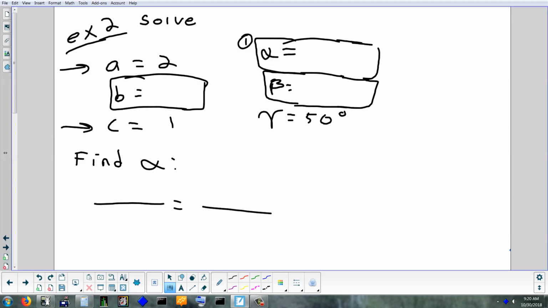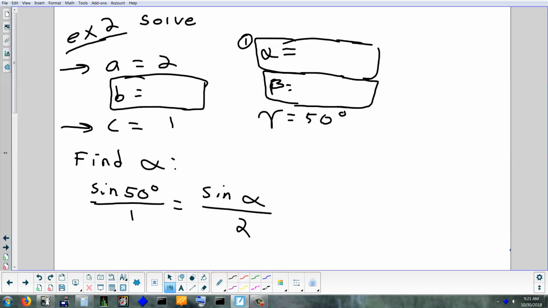Sine 50 over 1, and sine A. A is going to go in the bottom. Oh, yeah, sine of alpha over A. So sine 50 over 1 equals sine alpha over 2.